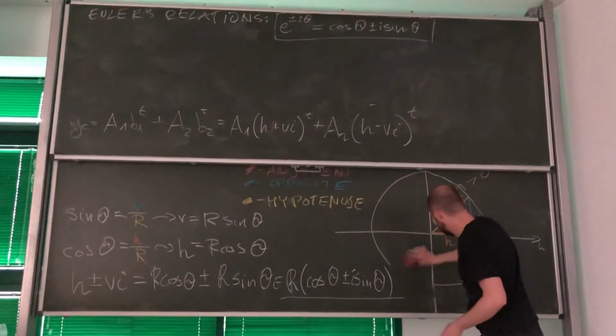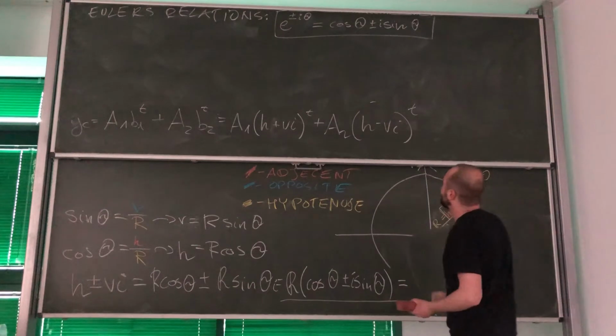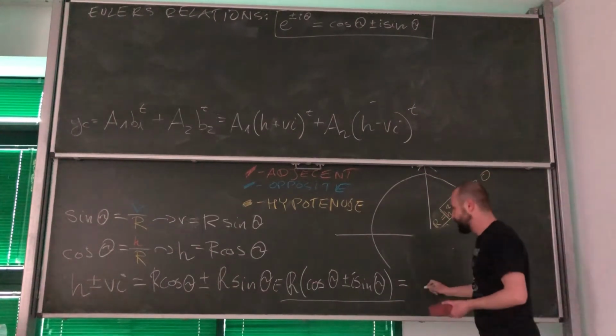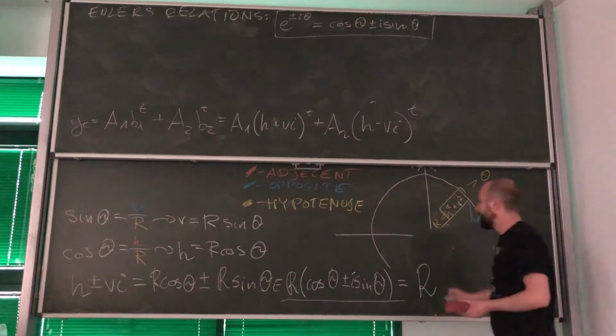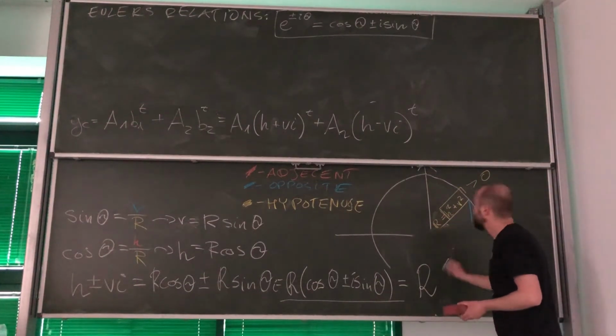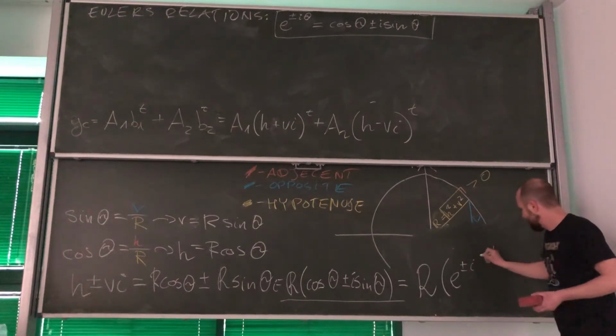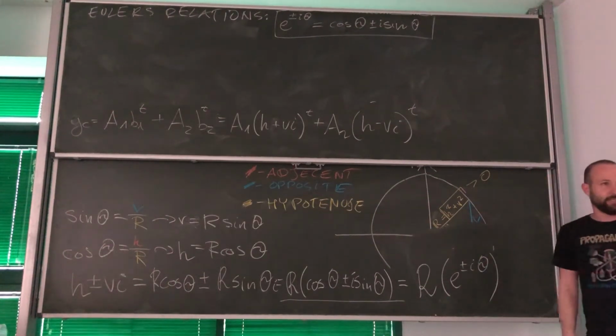If we take one step further, it's going to turn out that we've got r times e to the power plus minus i theta.